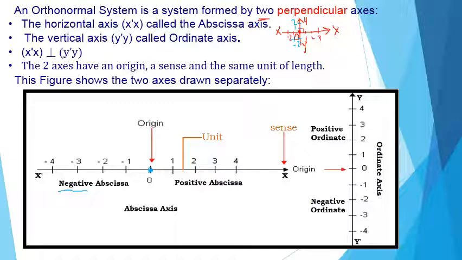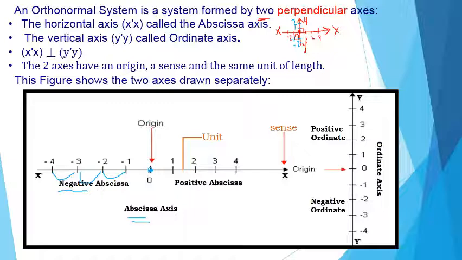And be careful about the scale. Here between 1 and 2 there's 1 centimeter, between 2 and 3 there's 1 centimeter, 3 and 4, and so on. Here x prime x is called the abscissa axis.